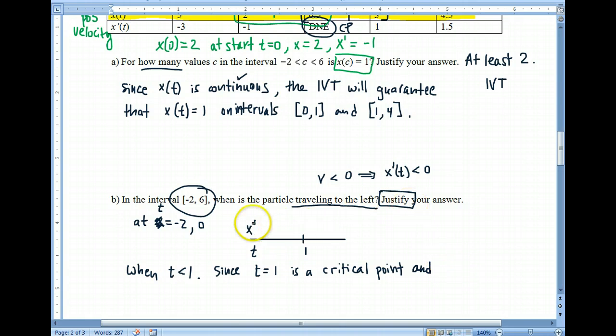Well, the better thing is we're looking at x prime. So x prime of negative 2, since t equals 1 is a critical point, and x prime of negative 2 is negative.